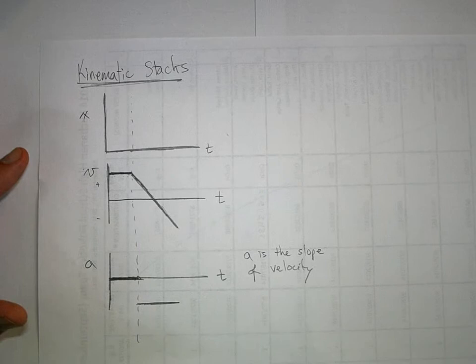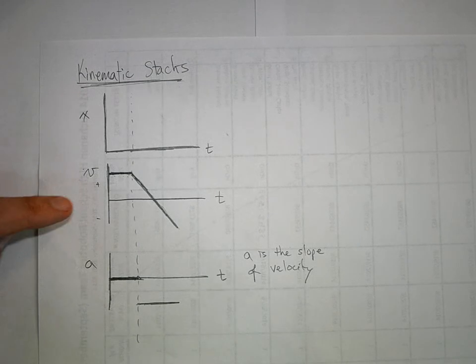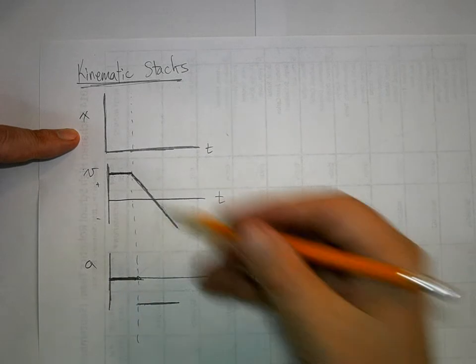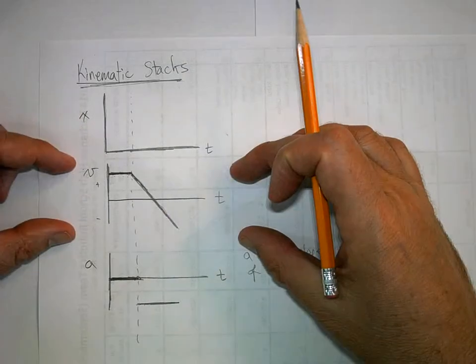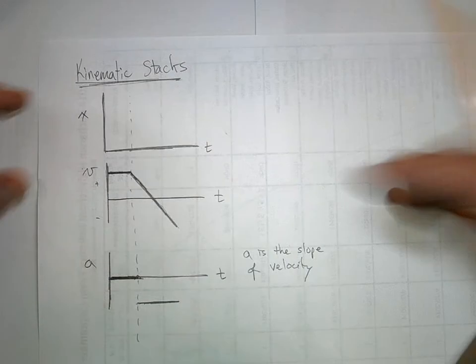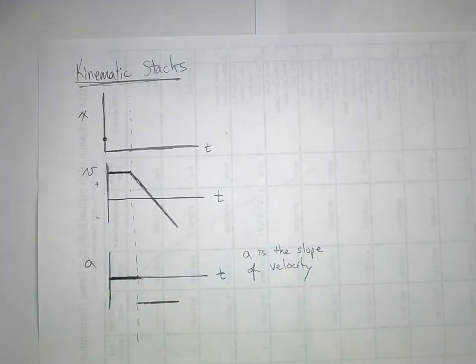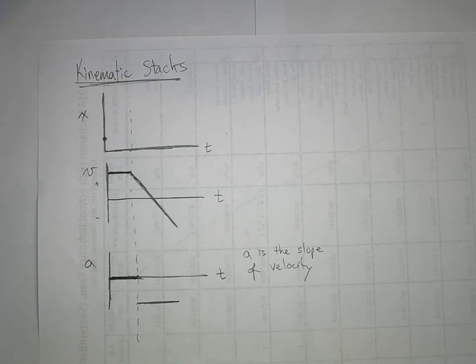Now, where do I start? If I'm given my velocity graph, I really have no idea where to start. And so on a test, if I gave you this on a test and asked you to draw this and this, I'll put a dot and say, that's where you're going to start. I'll tell you where to start. If I don't tell you, you can start wherever you want.